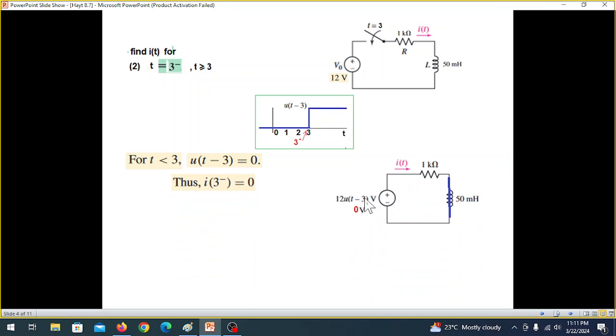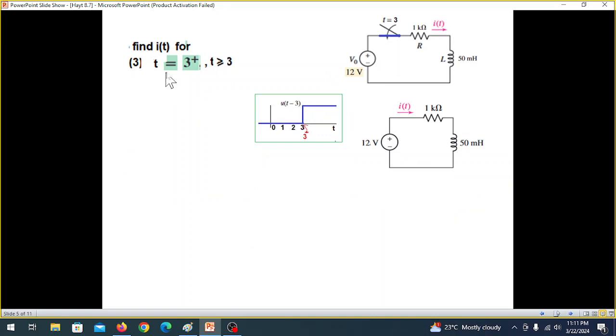And since u(t minus 3) is 0, therefore 12 u(t minus 3) will also be 0. But it is in the steady state condition, therefore the inductor will be short circuited. Since the voltage is 0, the current flowing in the circuit will also be 0. And therefore we can write i(3 minus) is equal to 0.